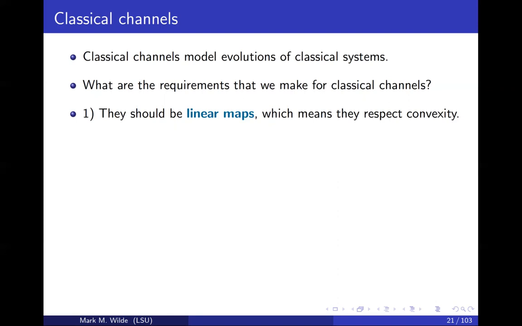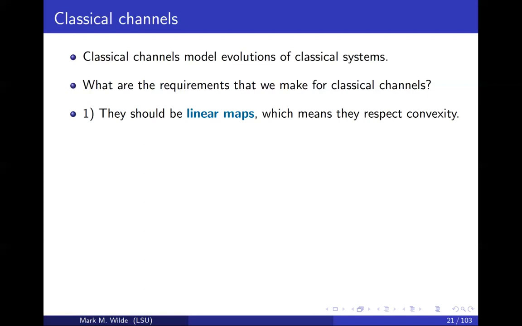Then you would expect that if the input system were in a mixture of the two possibilities, right? So with some probability, it's in the first state, and with another probability, it's in the other state. You would expect that when you apply the channel, the output would be the mixture of the individual outputs. And so that's what I mean by respecting convexity.